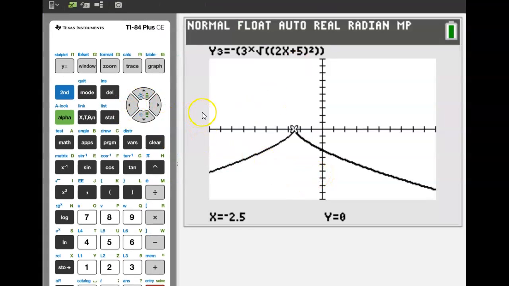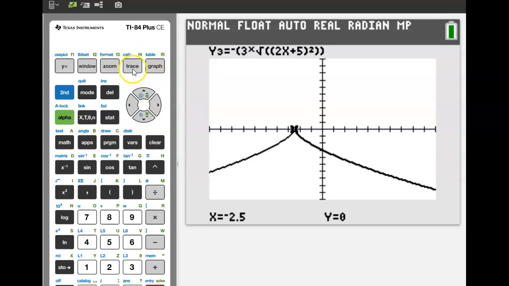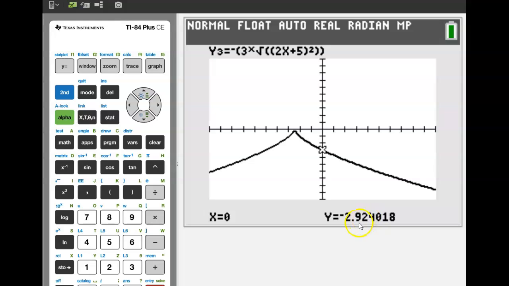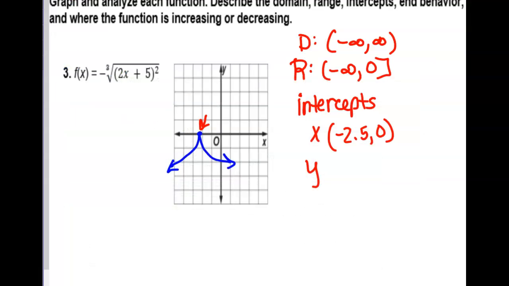It's when x equals 0. So if I go trace 0, enter, I have a lovely negative 2.924. Nothing nice. Somebody remind me what that was. 2 point, like that? Okay.